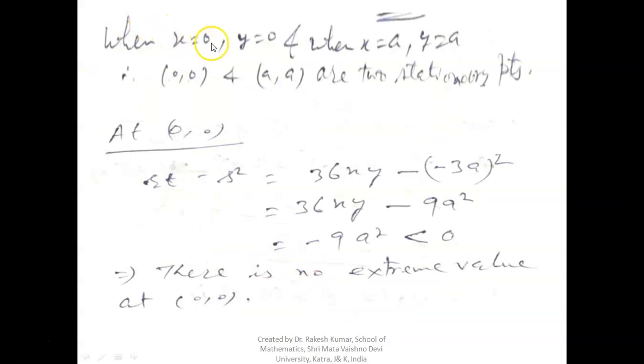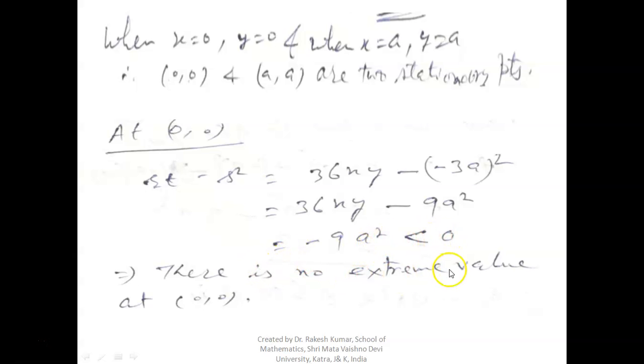Therefore when x equal to 0 and y equal to 0, and when x equal to a and y equal to a, we have (0,0) and (a,a), two stationary points. So at (0,0), let us examine. So rt minus s square is giving me this, minus 9a square, which is less than 0.